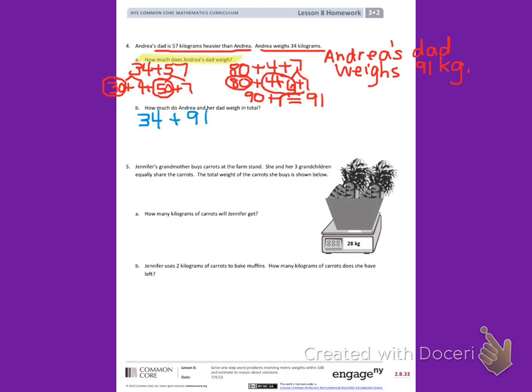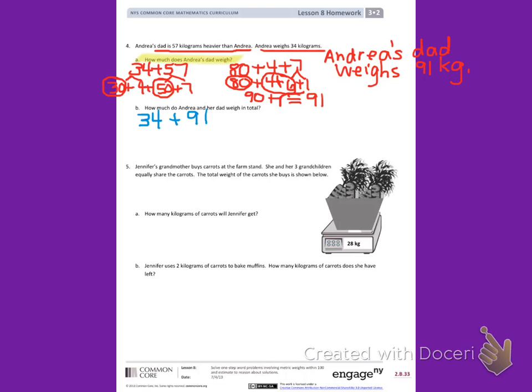Now you're going to decompose the numbers just like I did before. 34 is the same as blank plus blank. Look at item A for help on that. And 91 is the same as blank plus blank. Then circle the tens and add together the ones until you get a total.